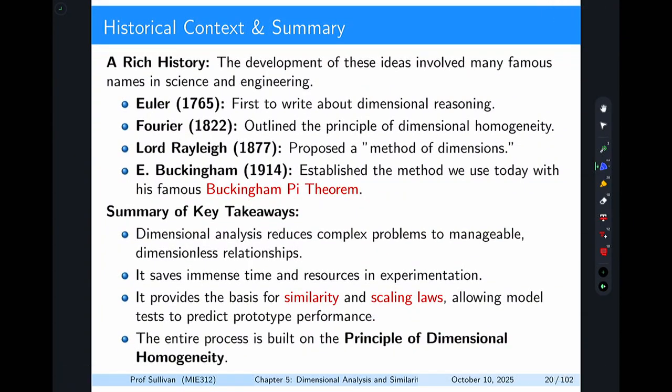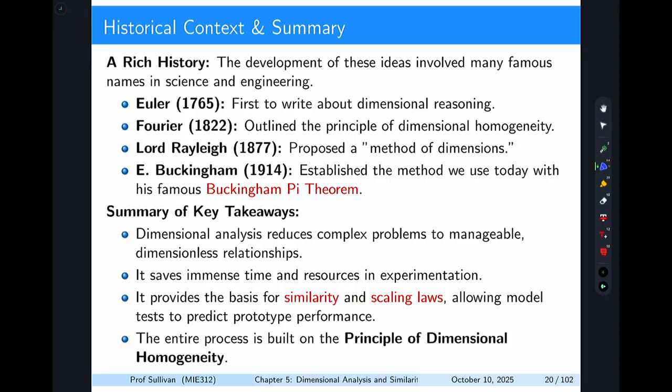Lots of people have looked at this generally. Euler, 1765, wrote about dimensional reasoning. Fourier outlined this idea of dimensional homogeneity. Rayleigh proposed a method of dimensions. And the one thing that you will pull out of this chapter and remember for the rest of your life is the Buckingham pi theorem.